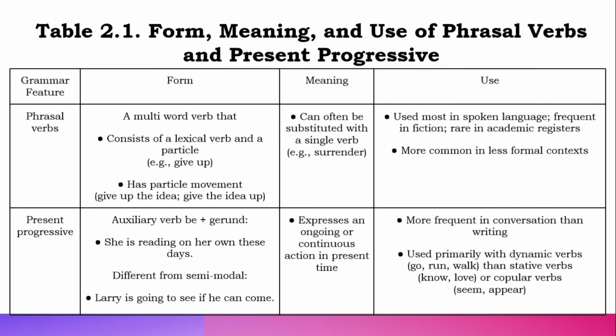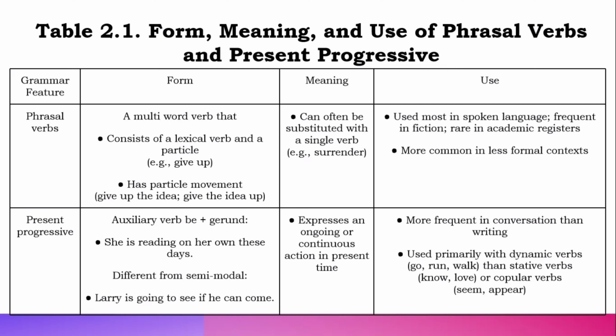A particle is a type of word that is typically used to point a direction or a movement, such as up, down, back, in, and on. These phrasal verbs can be substituted with a single word. In the example that we have, it is give up. Give up can be substituted with the word surrender. It is more commonly used in fiction and informal contexts and much more rare in academic registers.